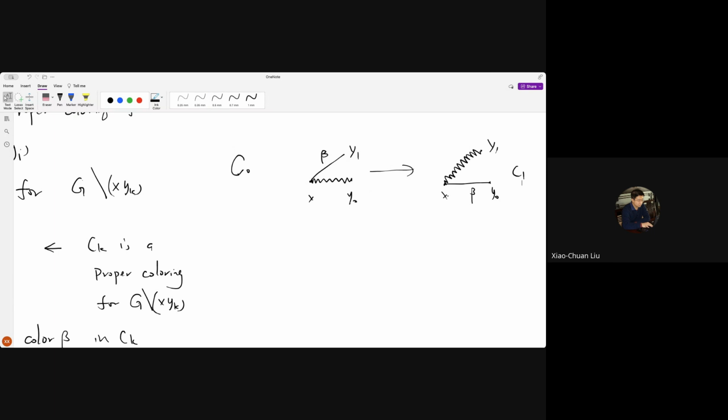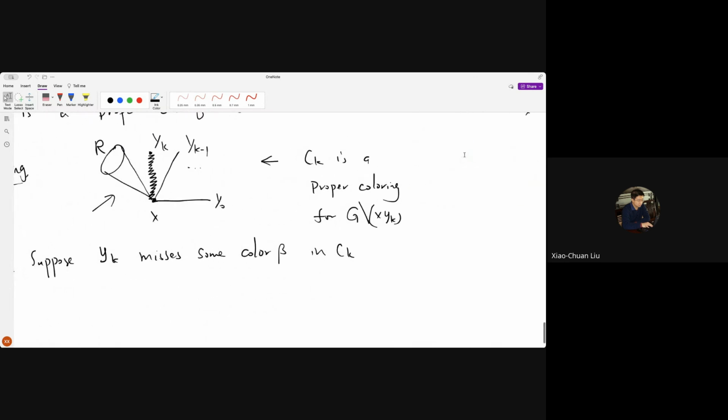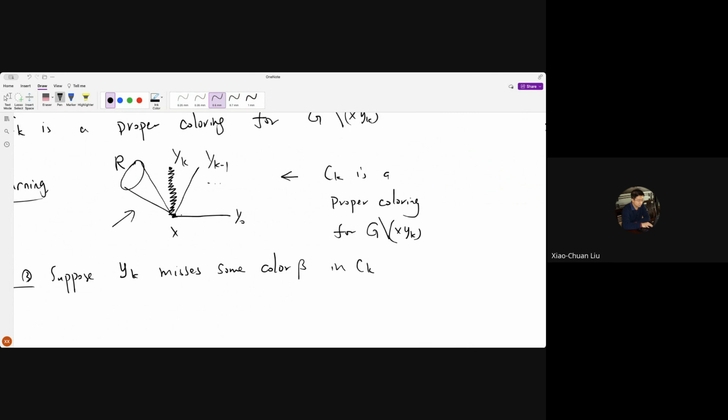Is that okay? Yeah, thank you. It's a little complicated, but you try to run it in your mind. You can imagine that you take this edge together with this color and move it here. But after you move it here, this x y1 is not an edge anymore. You take it out. So eventually you have this graph, where x yk is not an edge.